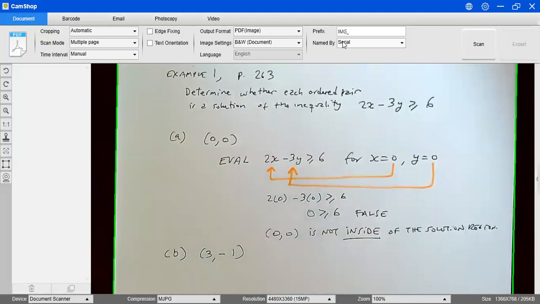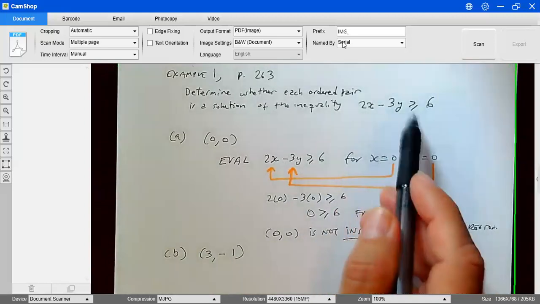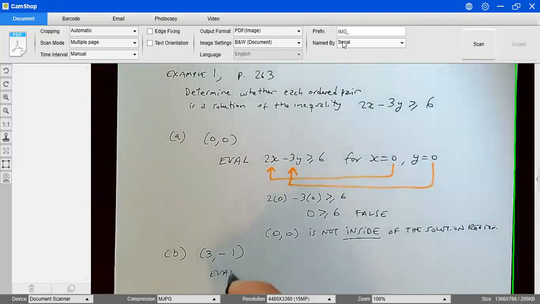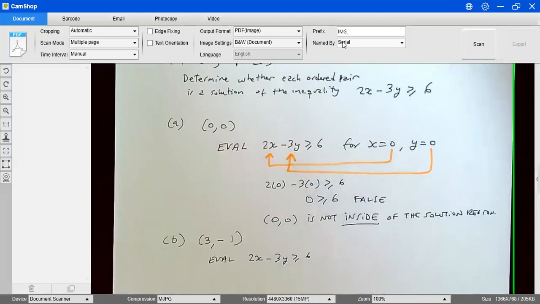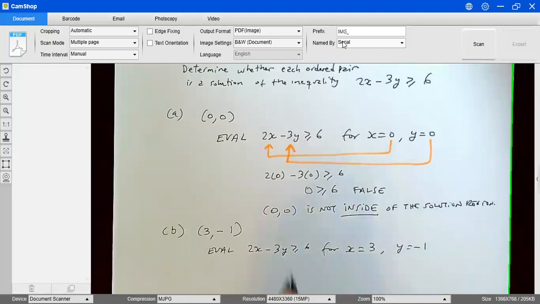The next case is now the point with coordinates 3, -1. So we want to know whether 3, -1 is inside of the solution region of this inequality. So we're going to evaluate 2x minus 3y greater than or equal to 6 for x equals 3 and y equals -1. That means I'm going to replace x with 3, y with -1. So 2 times 3 minus 3 times -1 should be greater than or equal to 6.